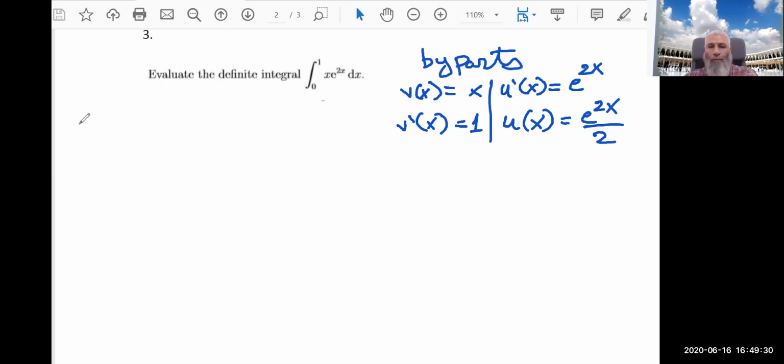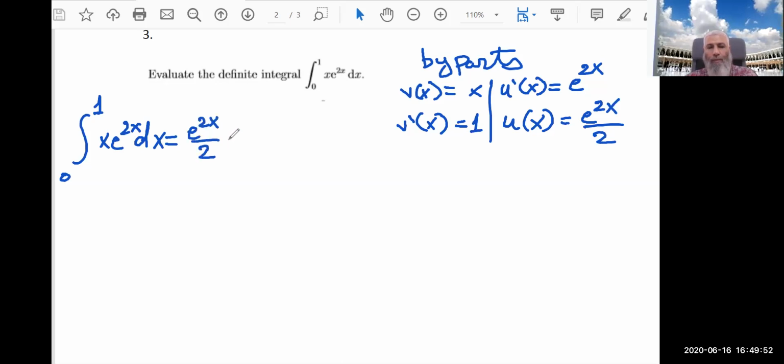So the integration is from 0 to 1. It will equal, we can write it from 0 to 1, x e power 2x dx is u of x, which is this, right?